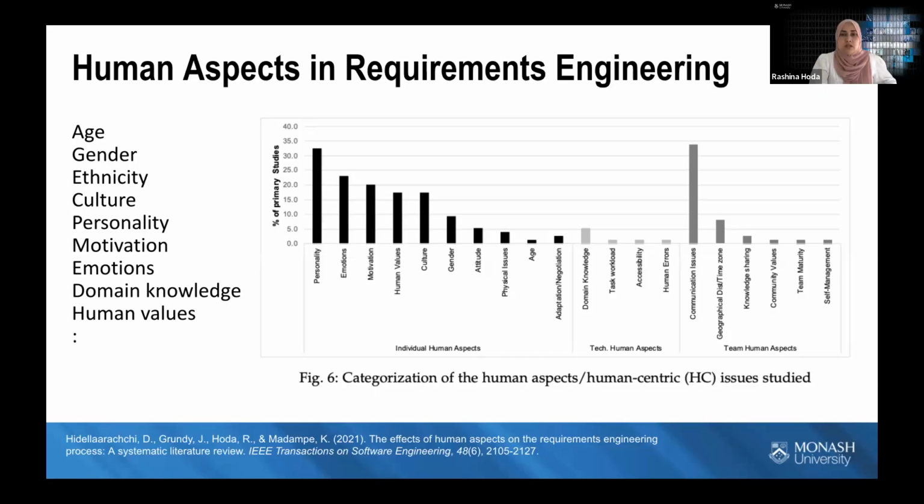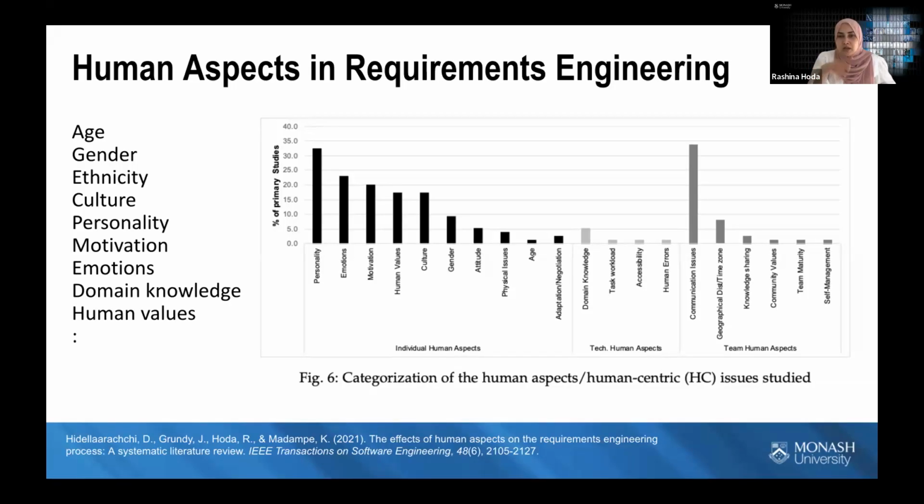So what we found here, as you can see in the graph, is a lot more studies have actually focused on the idea of personality. So personality has been studied quite a lot when we talk about requirements engineering. Emotions have been studied, motivation has been studied, and these are all among the individual human aspects, what individual humans have. Then in the middle section, you've got what we call the technical human aspects.